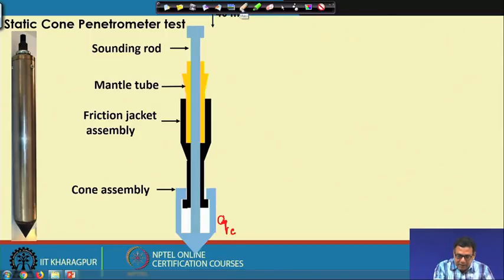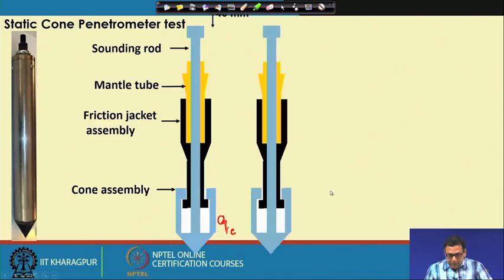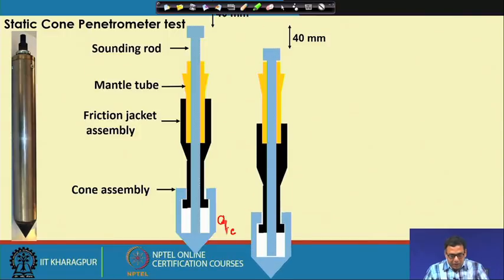In the next stage, your sounding rod, cone assembly and the friction jacket, all 3, are pushed into the ground by a further 40 millimeter.